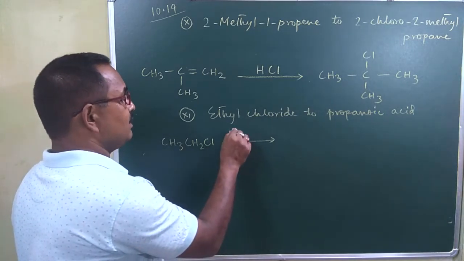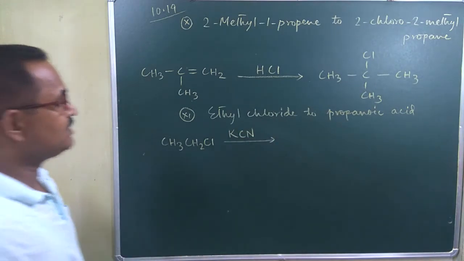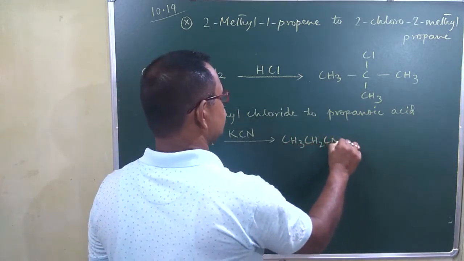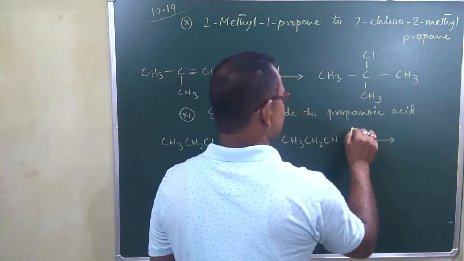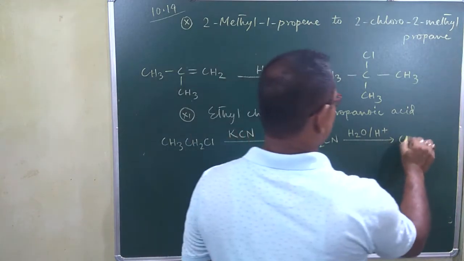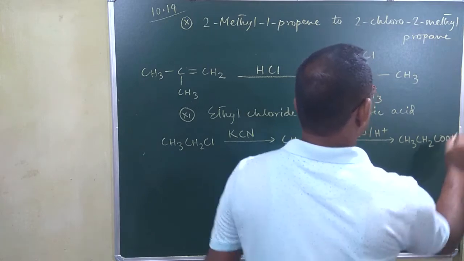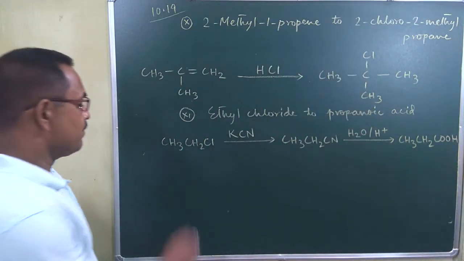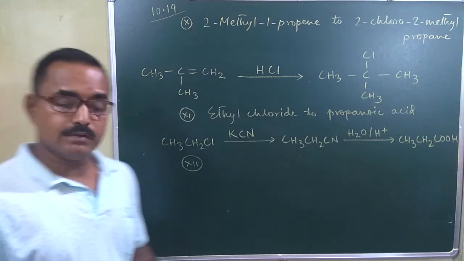This can be done by introducing a cyano group. So treat it with potassium cyanide. You will have propane nitrile. Now carry out acid hydrolysis. On acid hydrolysis, the cyano group will be converted to a carboxylic acid group.